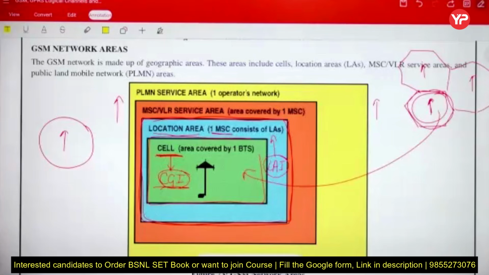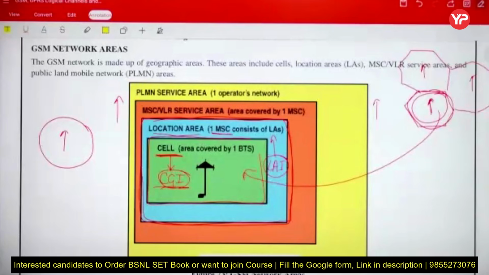After that, several location areas combined together will be given the name MSC or VLR service area, right? And after that we have a PLMN service area, that is one operator network, right?